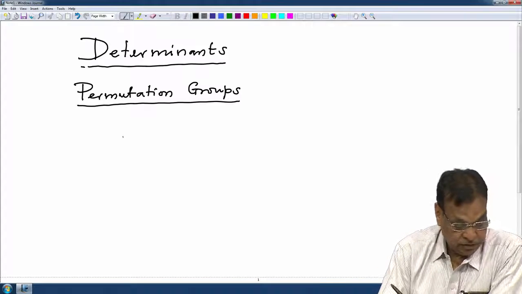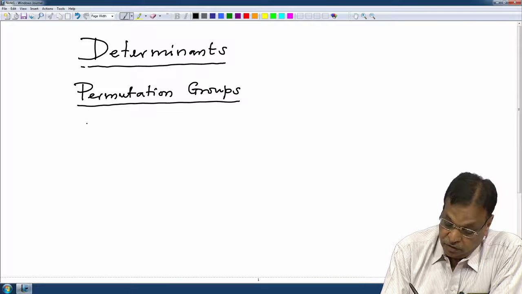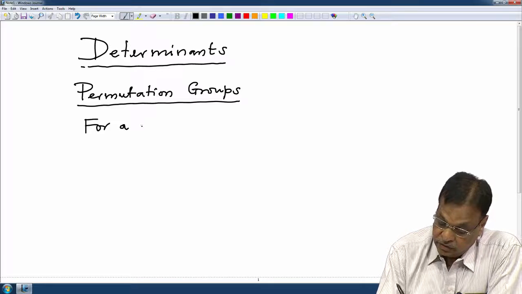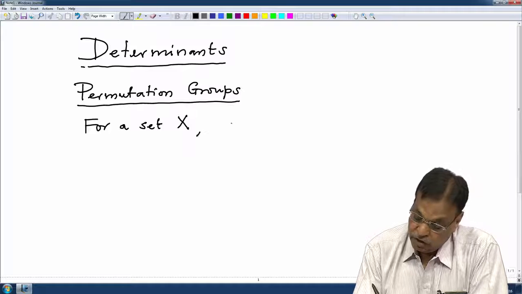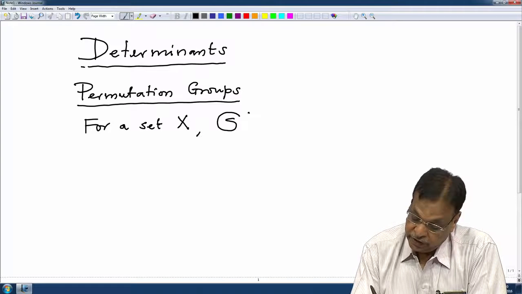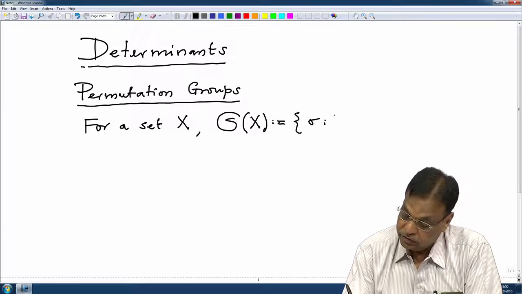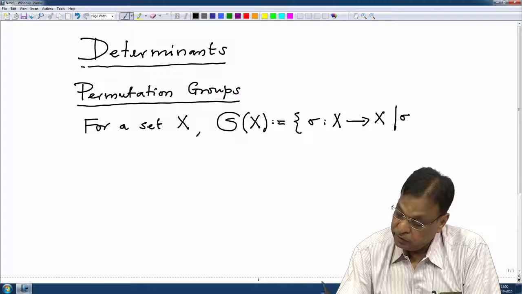So let us introduce a notation in the beginning. For a set X, let us denote by S_X all bijective maps from X to X. Sigma is bijective.